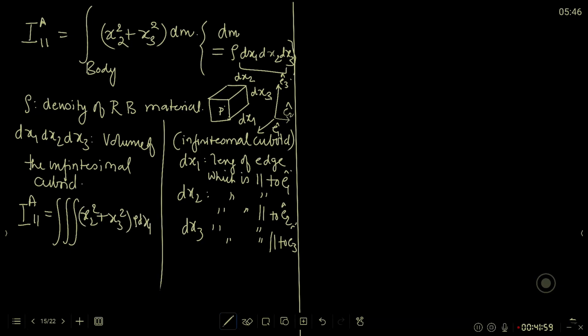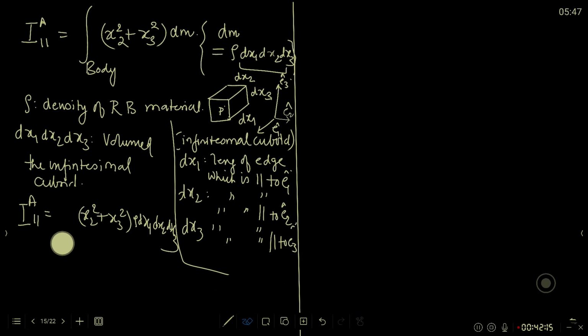It's a triple integral where the three integrals are over the three independent variables. The first one, I will say it goes from x1 equals minus a by 2 to x1 equals plus a by 2, right?